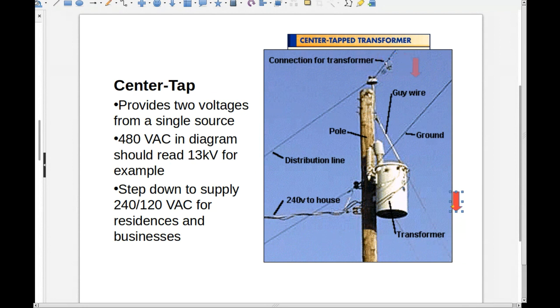In a lot of communities they actually bury these wires now, so you don't have to see them. But up here is the very, very high voltage. And then there's a second wire here, which is the ground wire running back, right?